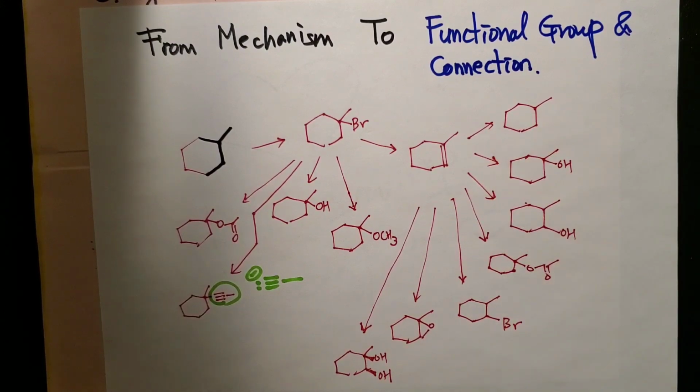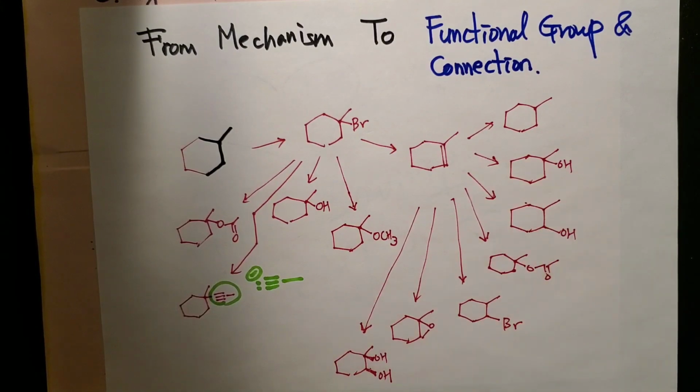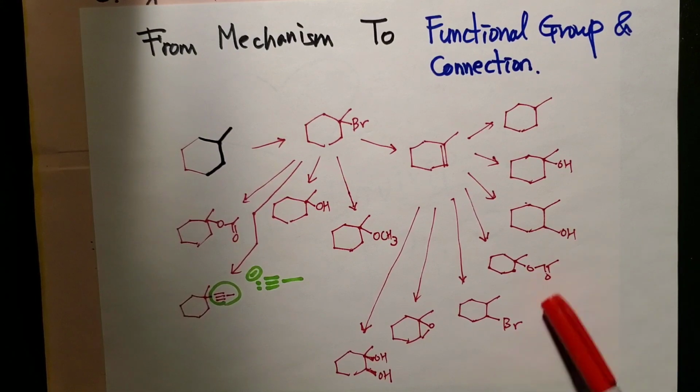You do it with hydrogen gas and a metal catalyst, right? You can connect the alkene to the alcohol and the other regioisomer alcohol, ester, alkyl halide on a different carbon, epoxide, diol, you name it, you can connect. And that's not it, right? We can connect more.